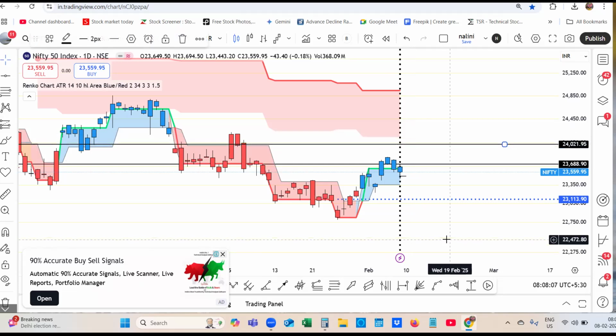You can keep it for 24,020. This is how this Renko chart amazingly helps you to keep cool, calm, and you can make money.